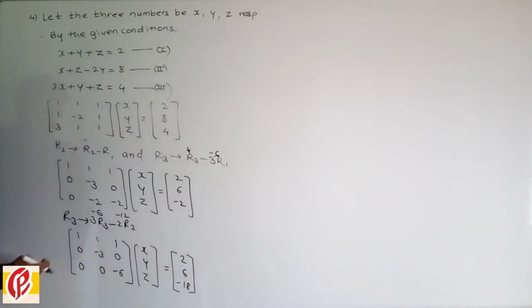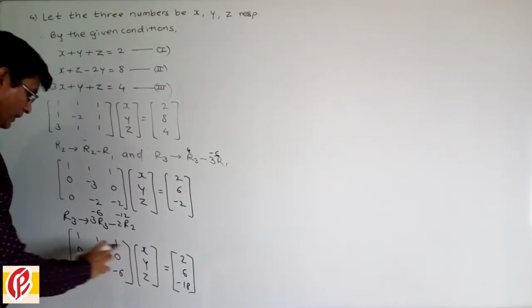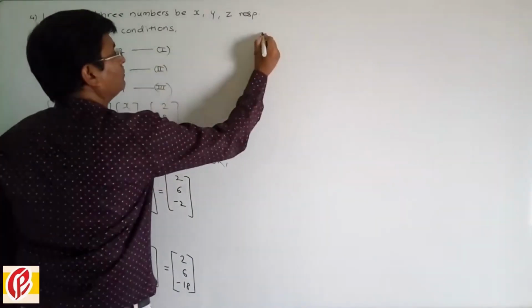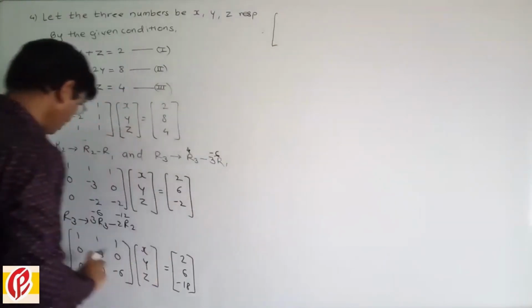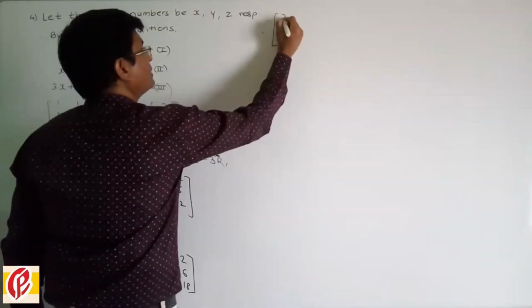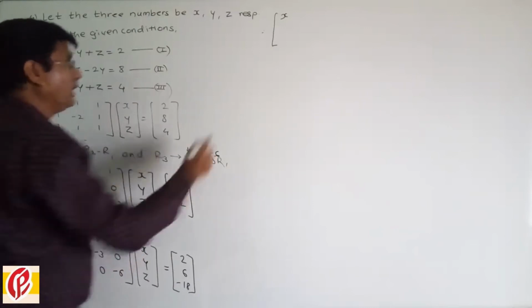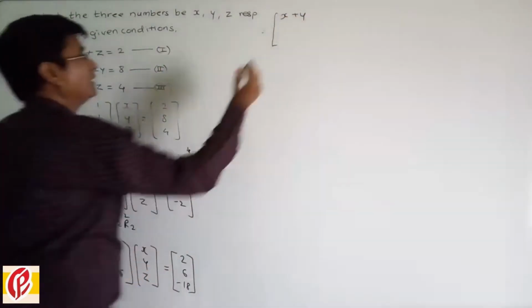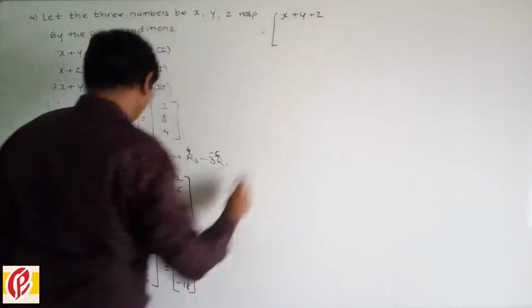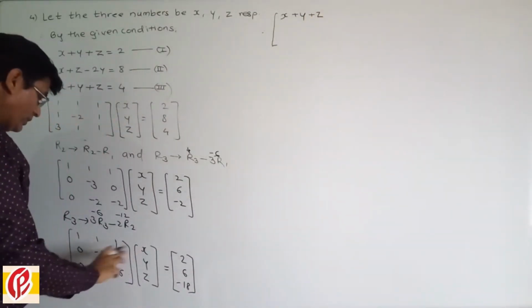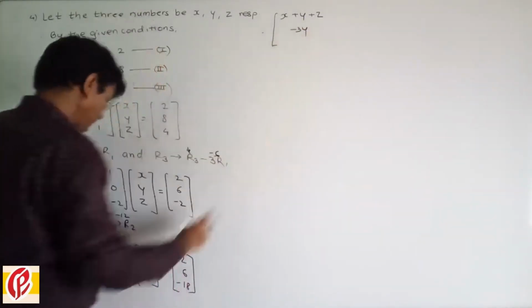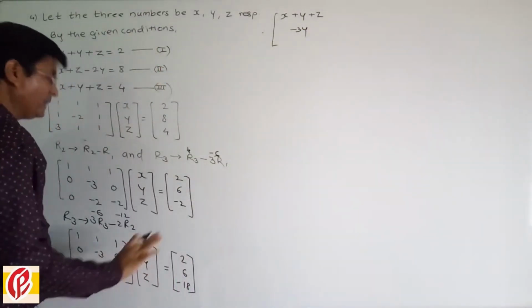The next step is multiplication of these two matrices. Therefore 1 into x is x, plus 1 into y is y, plus 1 into z is z. Then 0 into x is 0, minus 3 into y is minus 3y, plus 0 into z is 0.